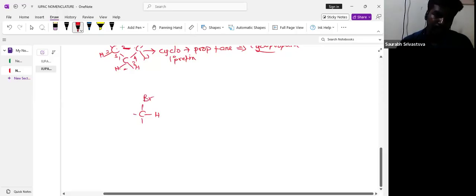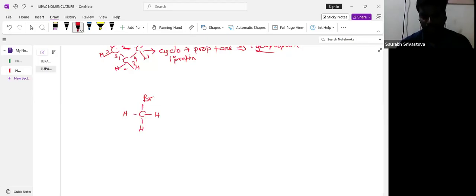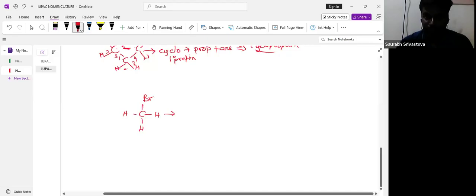Here hydrogen, here hydrogen. I already told you, if all the terminal atoms around the carbon are hydrogen alone, then you write methane: meth plus everywhere single bond, ane. Then it is called methane.